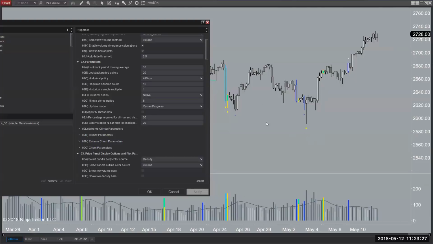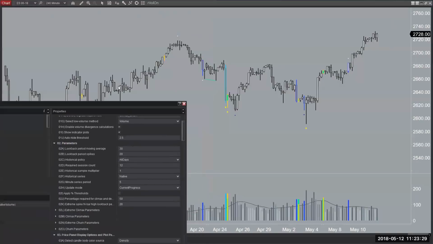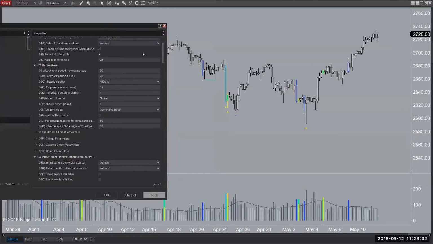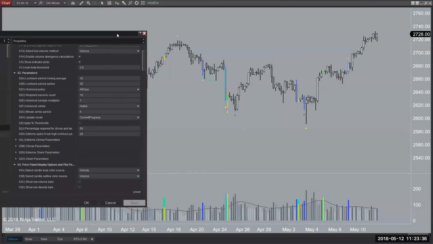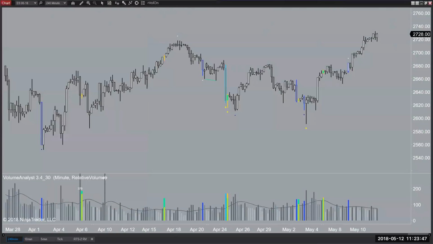I'll probably just continue to leave those in there, even if I do remove the need for them, just because you guys have grown accustomed to them. But once I get this thing the way that I want it, we won't need those spike signals anymore. They'll be kind of caked into the climax and the churn signals.